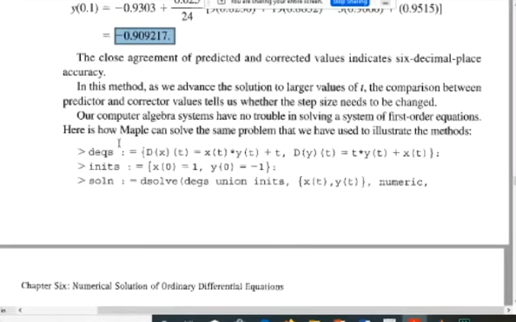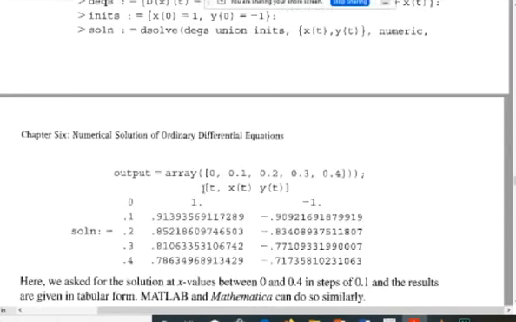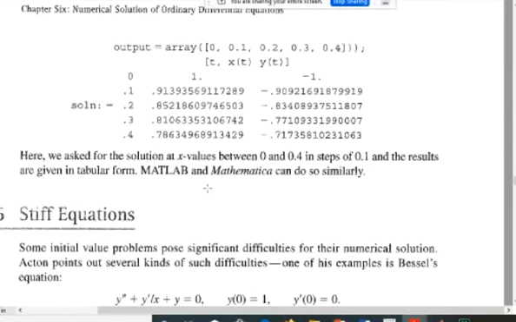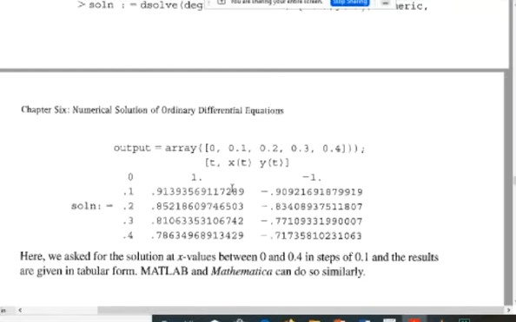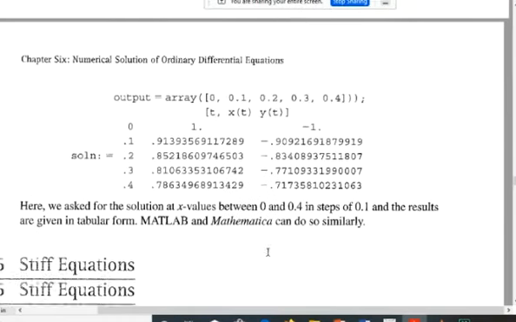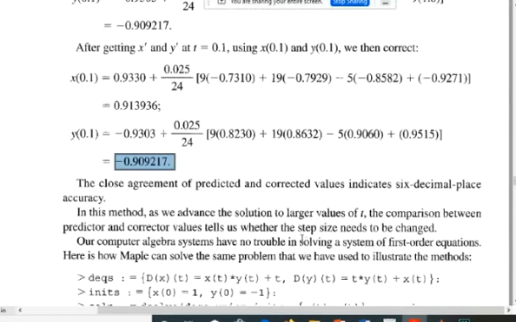Yes, the book has some commands you can use in Maple if you are familiar with the Maple approach. But actually, you can solve all of these equations with MATLAB, for example.